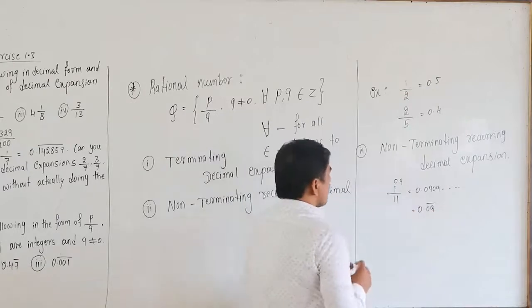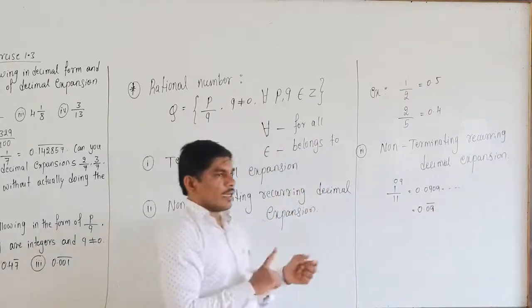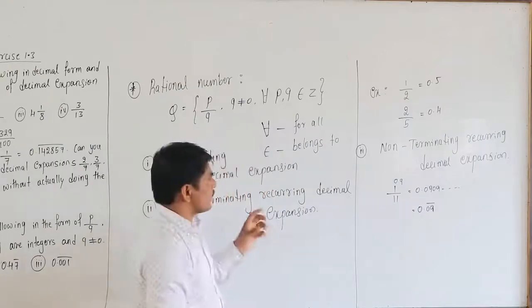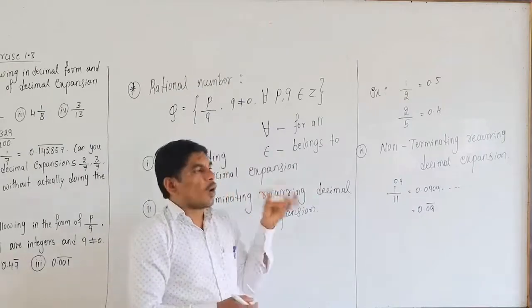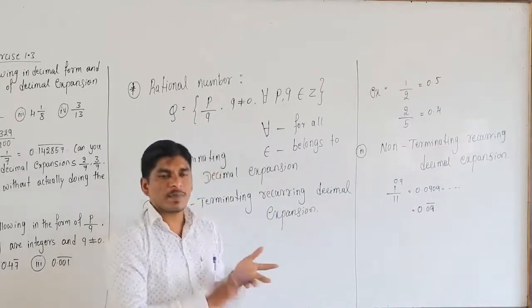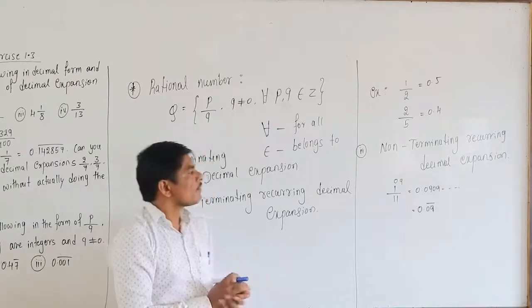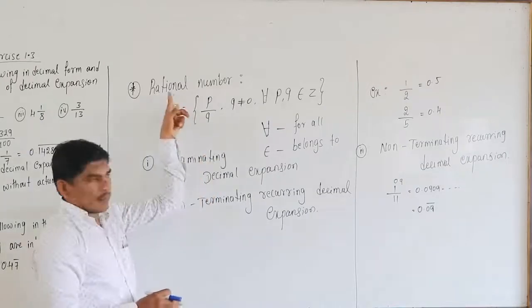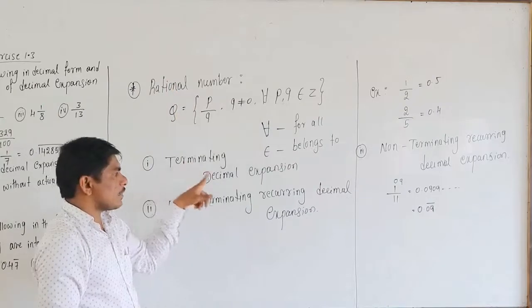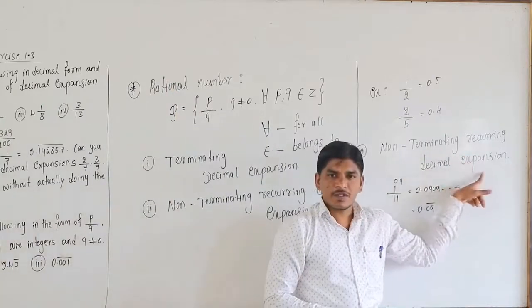Now, first you understand terminating, and next non-terminating. One very important concept: all rational numbers are terminating or non-terminating recurring decimal expansions. Concentrate on this statement carefully.